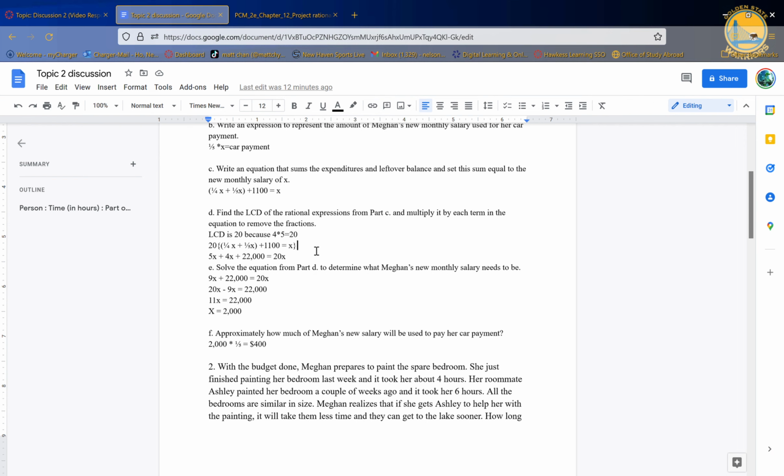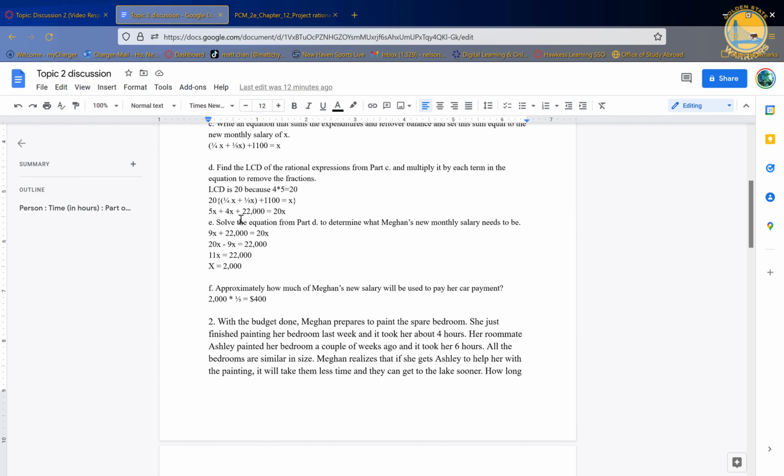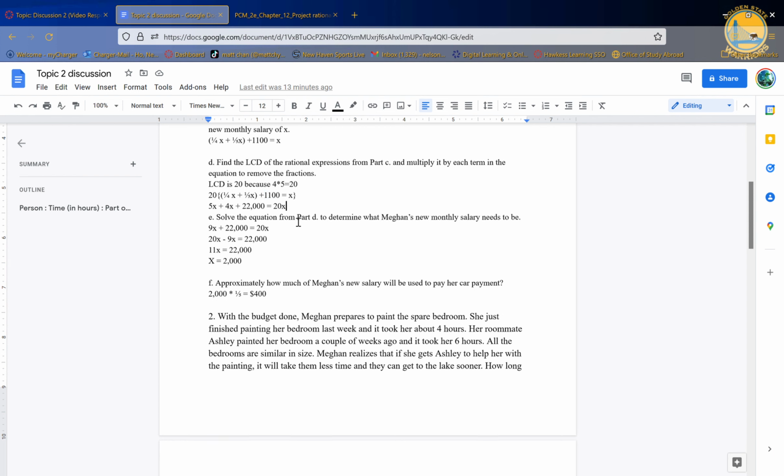So we multiply the whole equation from C by 20. 1/4 X times 20 equals 5X, 1/5 X times 20 equals 4X. So 5X plus 4X plus 22,000, which is 1,100 times 20, equals 20X. That's our new equation.